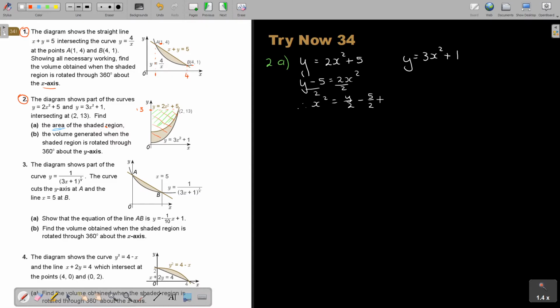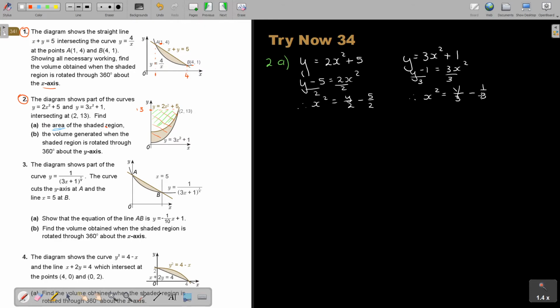I think it's going to be better to work. Okay, this one is y minus 1 equals 3x squared, and I divide by 3 and I divide by 3. So in this one, x squared is y over 3 minus a third.